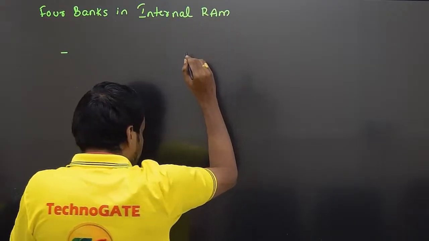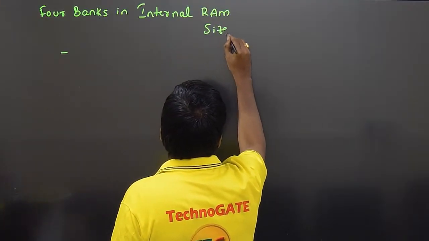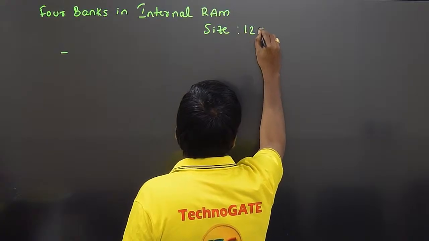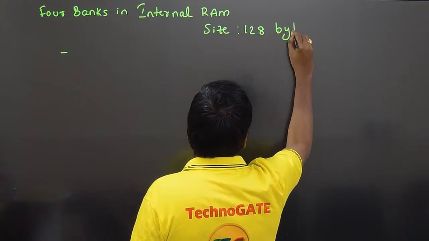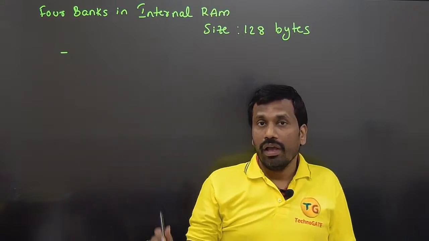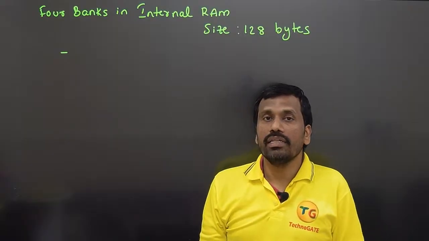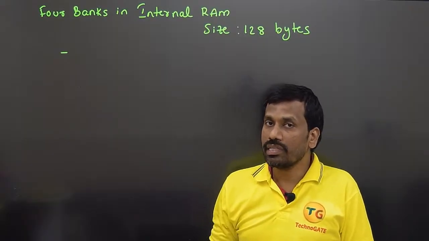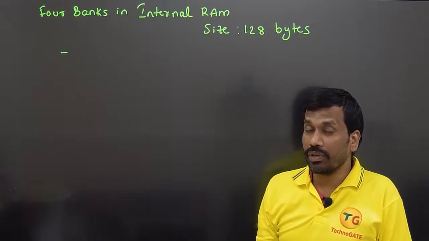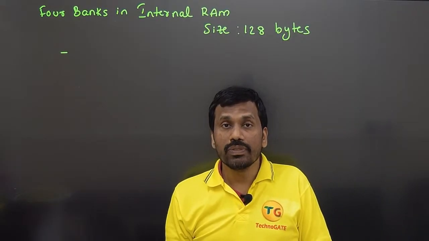What is the internal RAM size? 128 bytes. How many banks are there? Four banks. In the starting introduction, I told that the internal RAM size is 128 bytes.